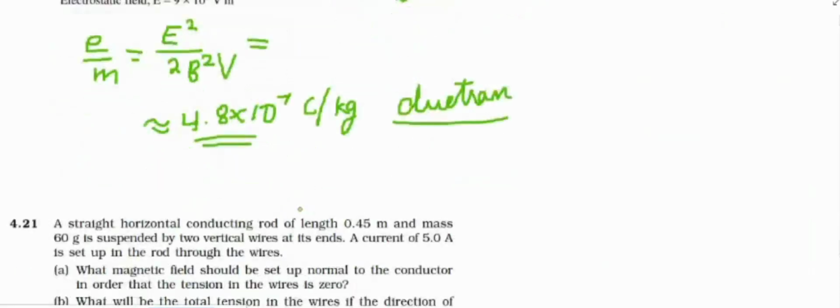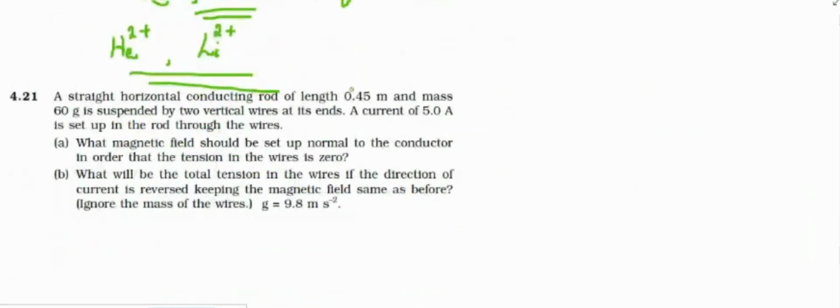But the value is not unique, so the possibility is there for helium 2 plus or lithium 2 plus, and these ions also have almost the same e by m. Therefore, the answer is not unique.